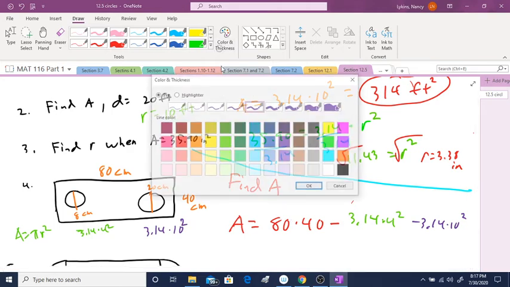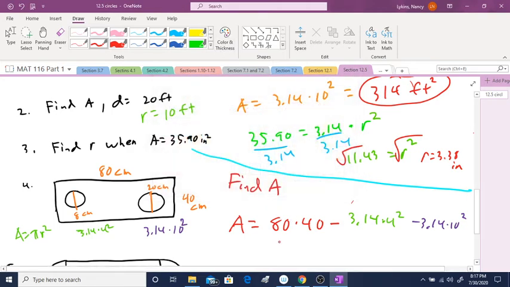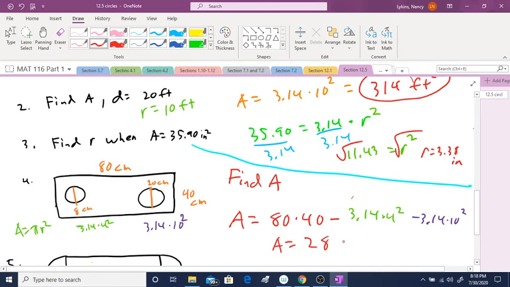So you should come up with area equals 2835.76 centimeters squared. Now, if they ask you, just from this diagram, they may ask you for significant digits.